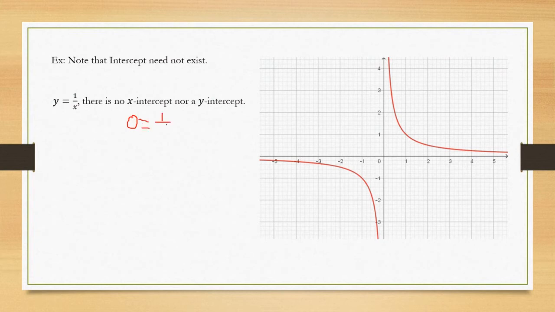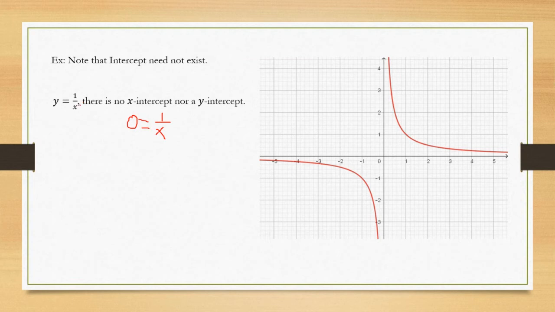1 over x. But if you do 1 over any number, there's no way that can be 0. It's impossible. So because of that, this has no solutions. So there's no x-intercept. For the y-intercept, hopefully you can see that you can't replace x by 0.